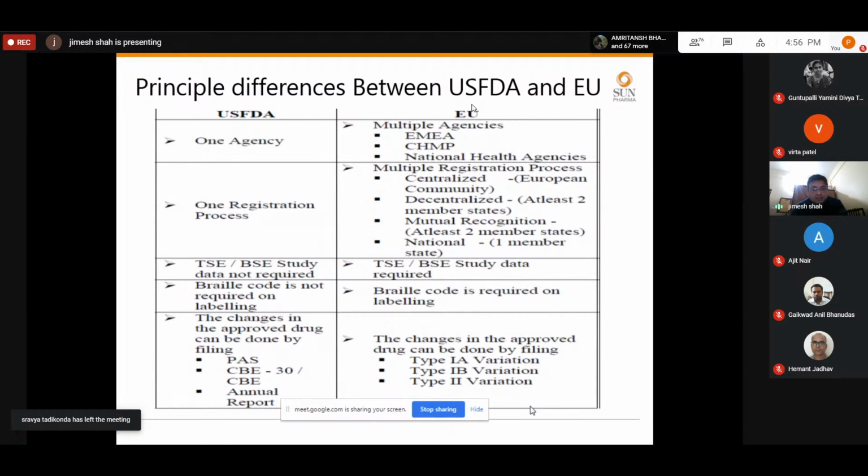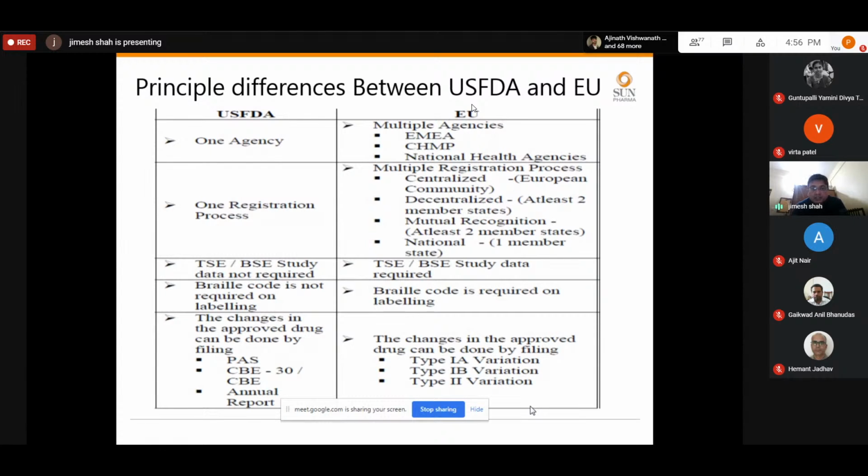For the US FDA, a BCS study is most probably not required. In Europe, it is required. For the US FDA, Braille code for blind people is not required in the labeling. In Europe, yes, most countries insist on Braille code in the labeling. After approval, the US FDA has the procedures of PAS, CBE-30, CBE and the annual report.